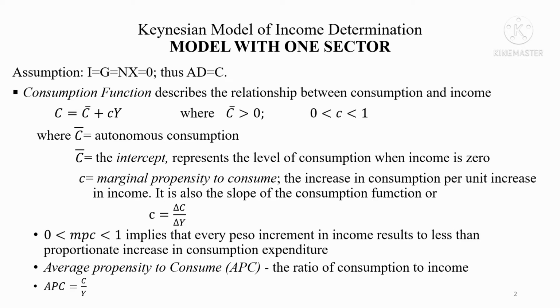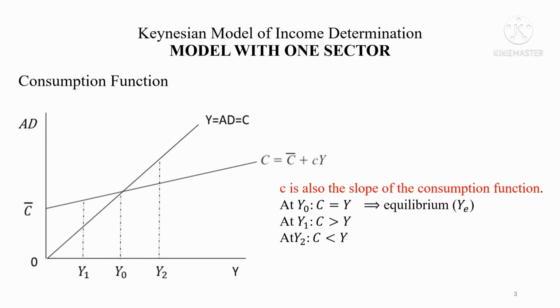We have also the term average propensity to consume, or APC. It is the ratio of consumption to income. In formula, APC is equal to C over Y. The consumption function is more or less depicted in this diagram. It is upward sloping.